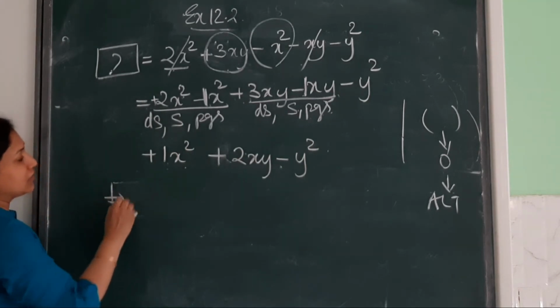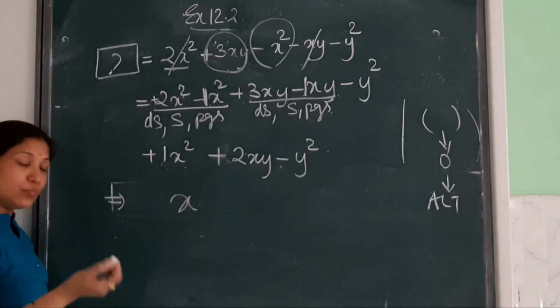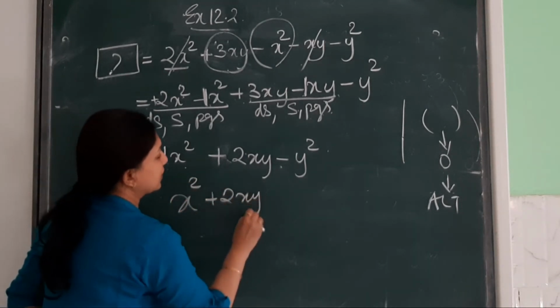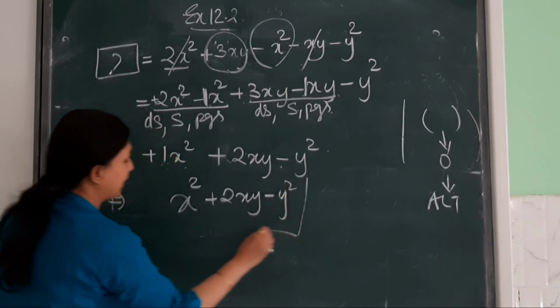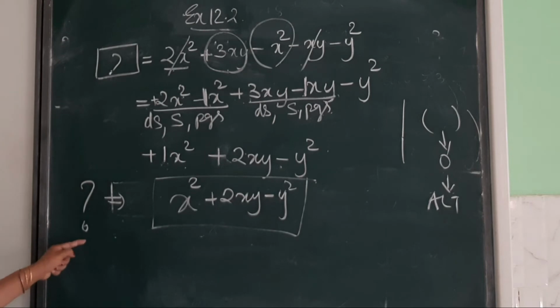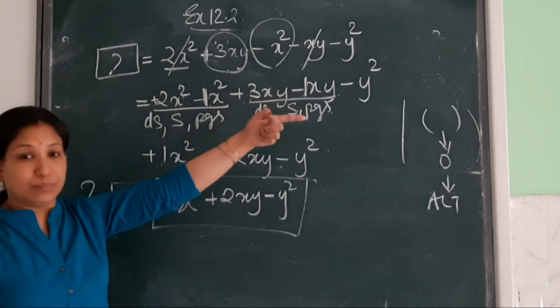If there is a plus sign, it means simply x square, or 1 also means 1. No need to write the coefficient. x square plus 2xy minus y square. So what was the question? What should be added? So this should be added to get that number.